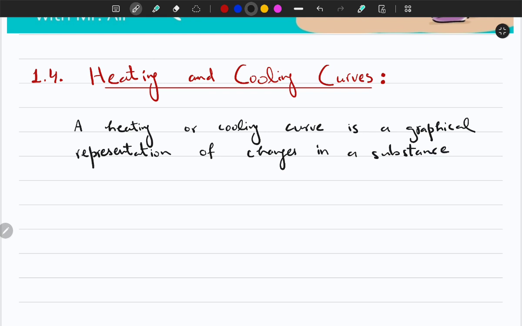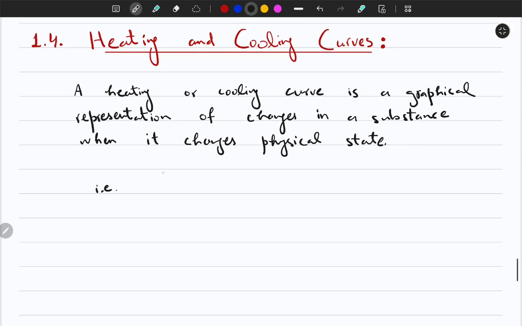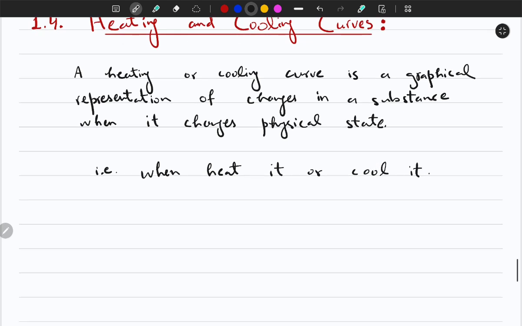It could be water, it could be a compound, it could be an element, any substance, when it changes physical state. And that physical state would change when you heat it or cool it down, right?